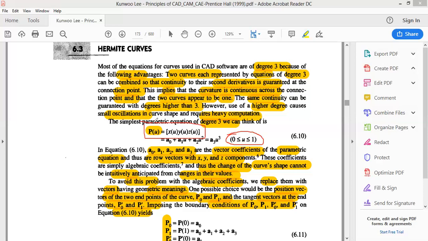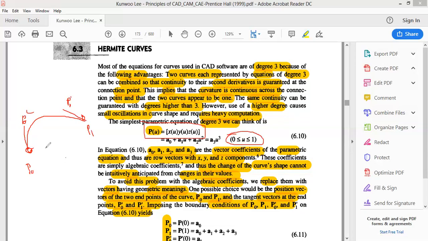For this, we use the position vectors of the two end points of the curve, that is P0 and P1. For a Hermite curve, we have the first point and the last point, P0 and P1, and a tangent has to be drawn at each of them, represented by P0 dash and P1 dash.